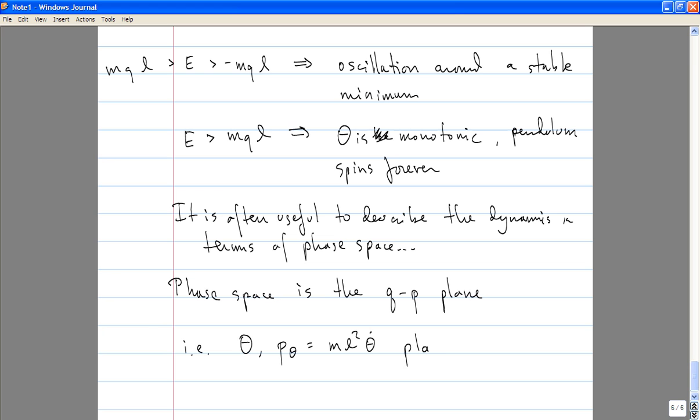So practically, this is the plane which is given by theta and theta dot, or Q and Q dot.